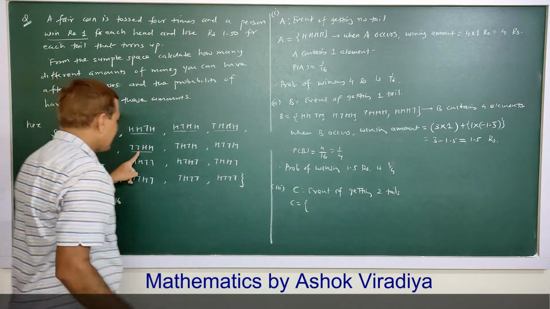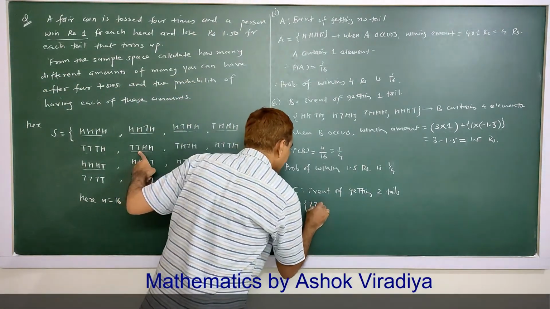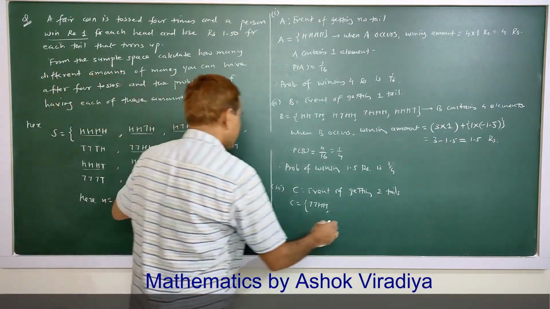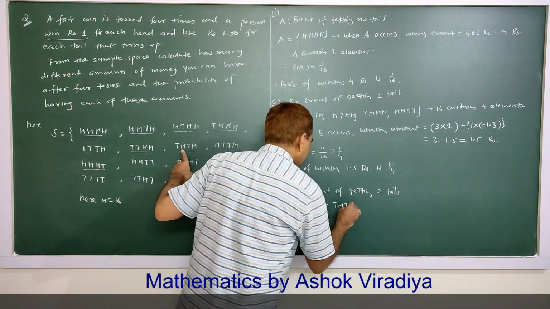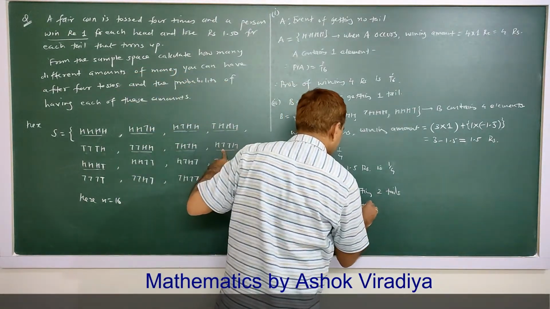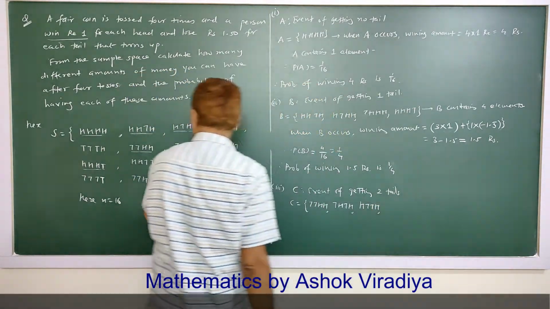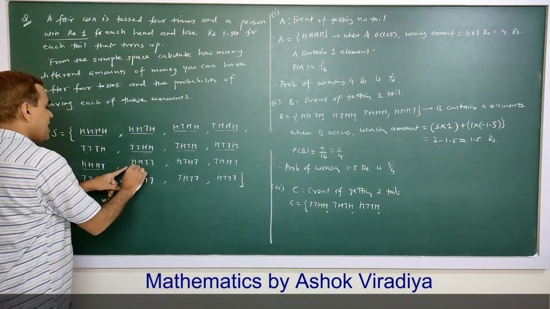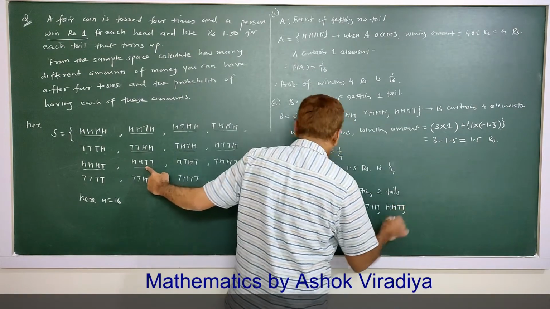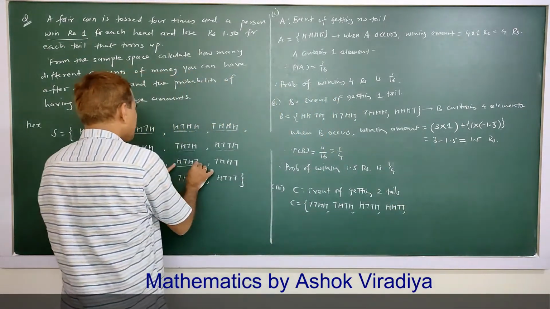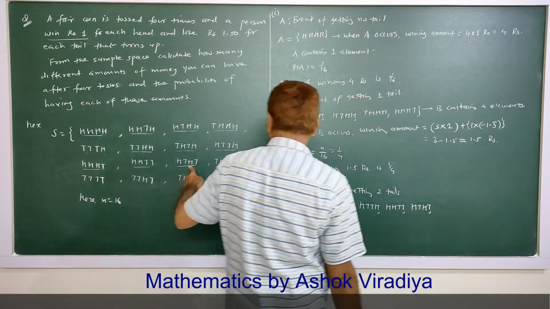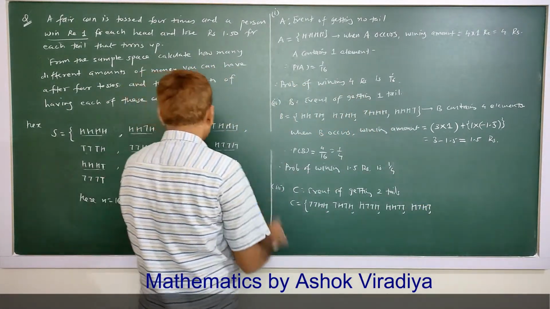So we are taking these elements: TTHH, THTH, HTTH, HHTT, HTHT, THHT.